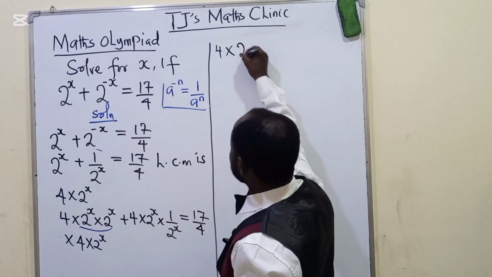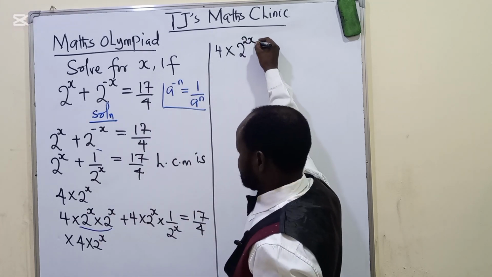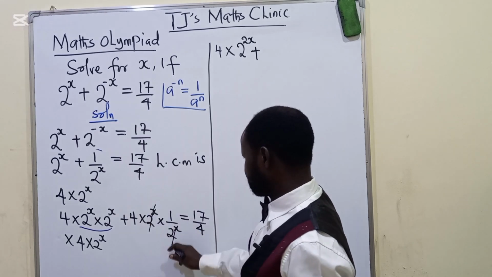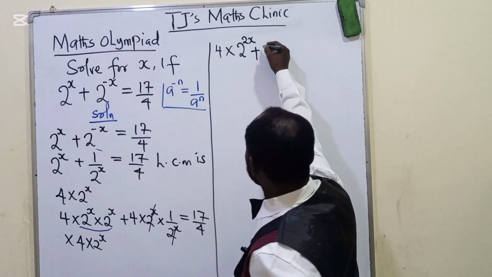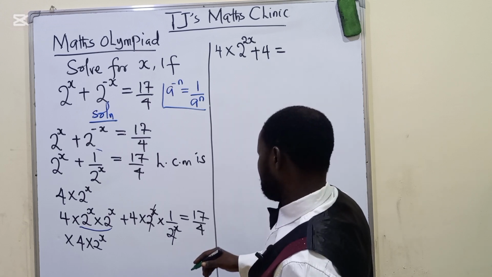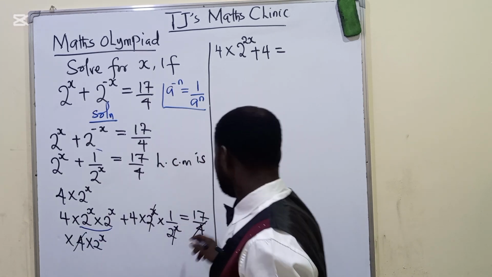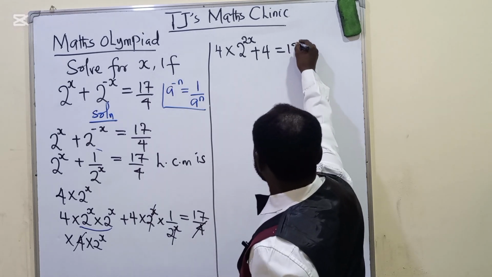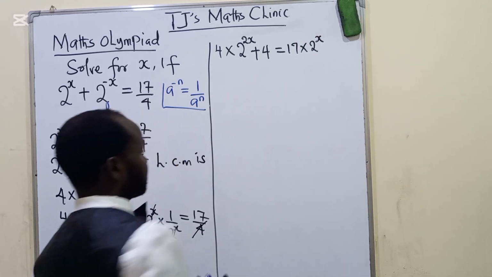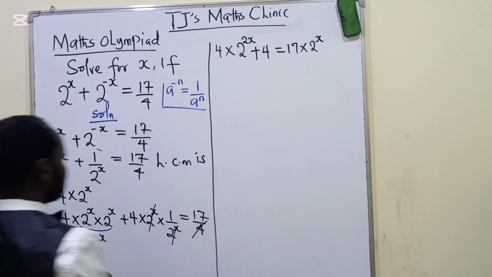So that will be 2x plus x is 2x, plus, we can reduce this, 4 times 1, that will be 4, equals, we can as well reduce this 4, we divide by 4, and be left with 17 times 2 power x. Very important, that's the multiplication law of indices.